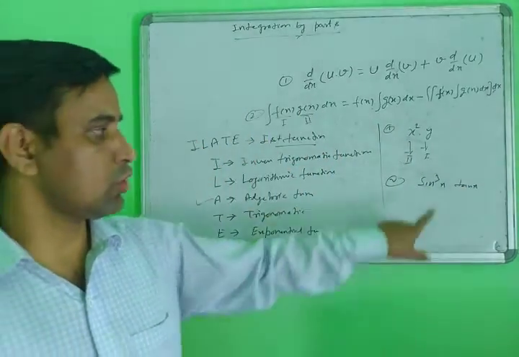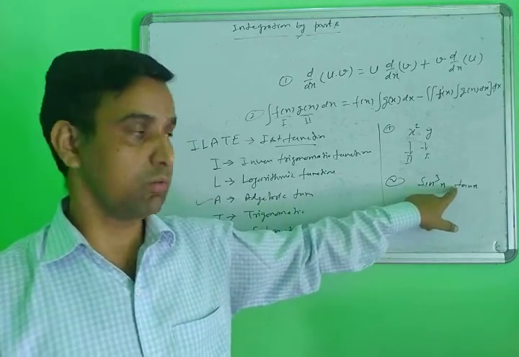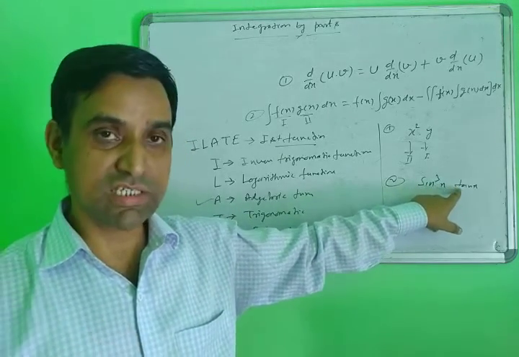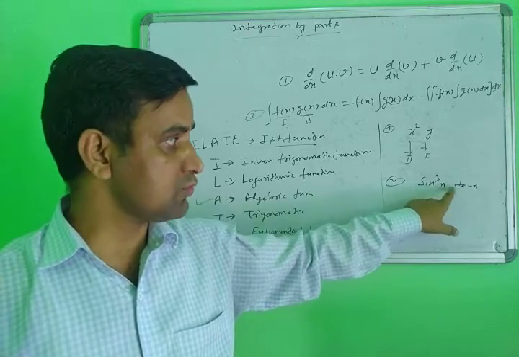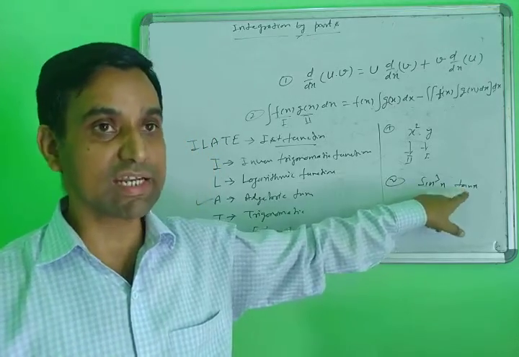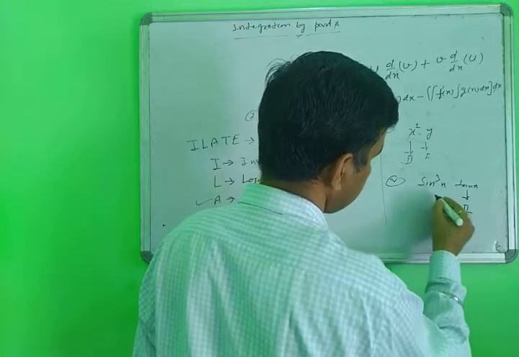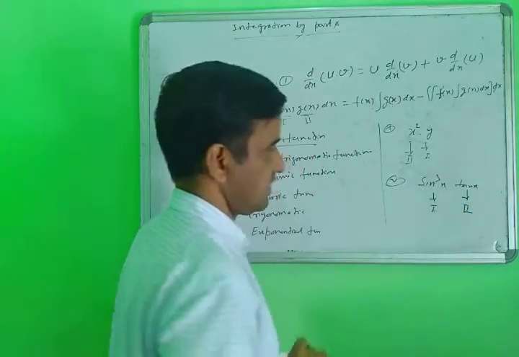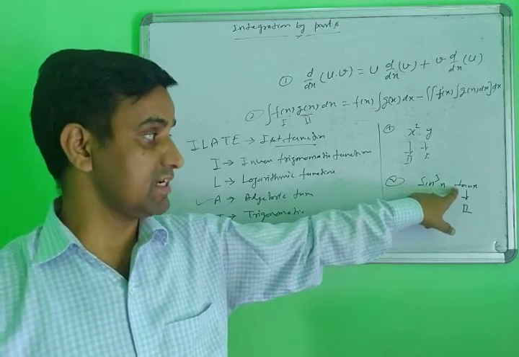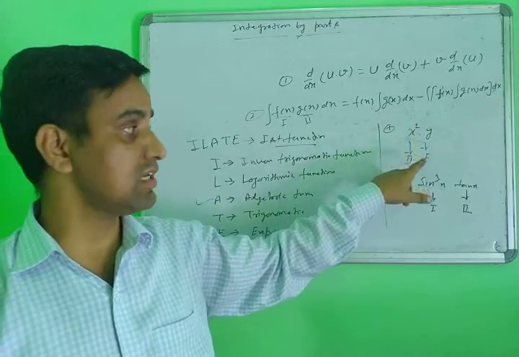Sine cube x and tan x are two trigonometric functions that came at the same time. So which function will we select first, and which second? The function whose integration is easier and simpler will be selected as the second function. In the trigonometric case you select with the help of integration rules, while in the algebraic case you select with the help of differentiation rules.